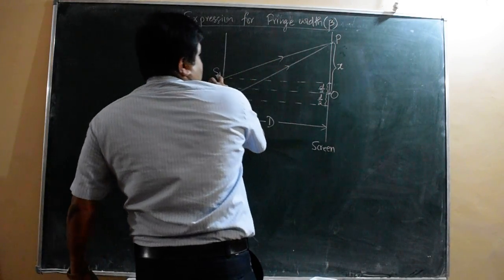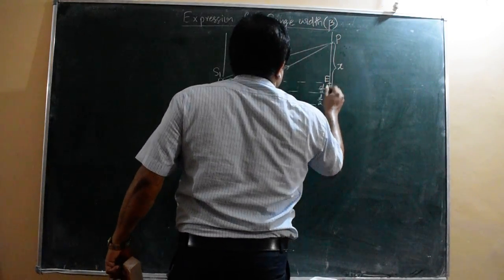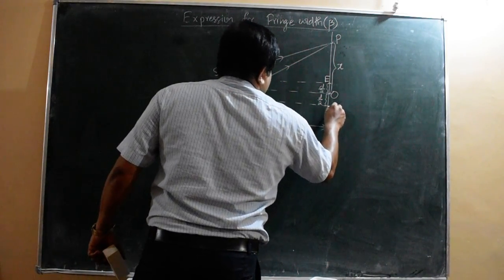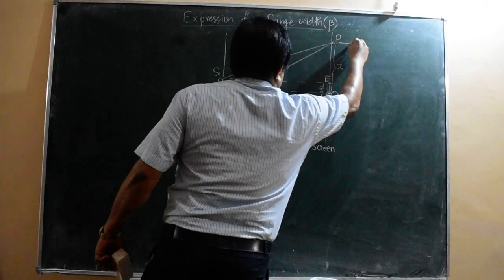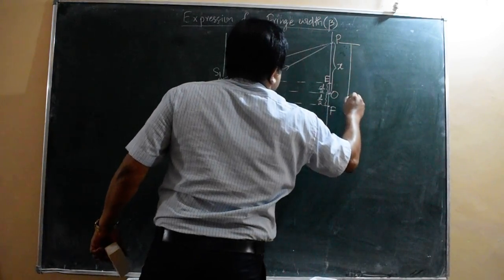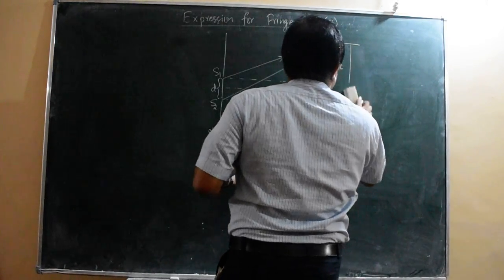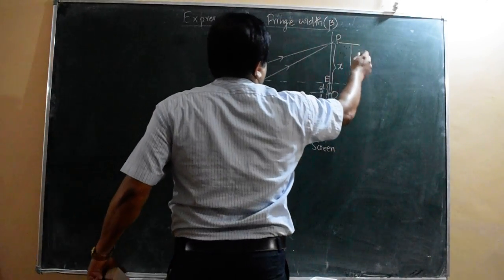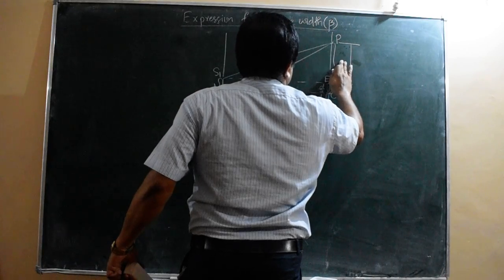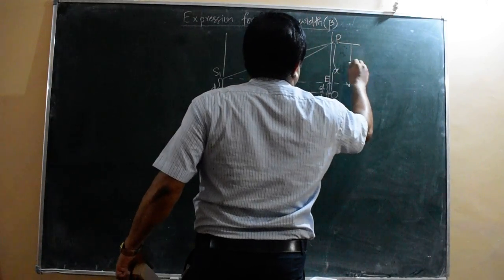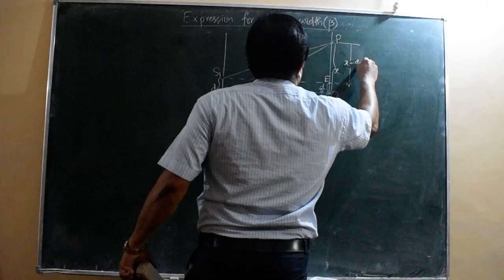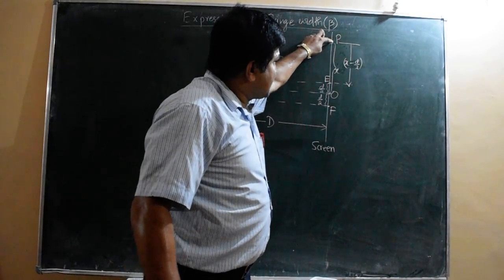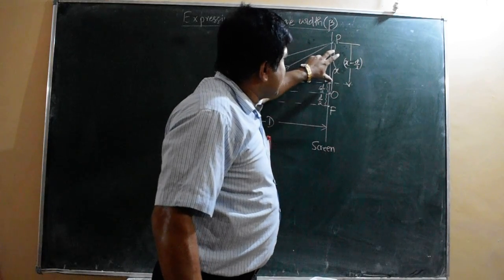I will take the point opposite to S1 as E and the point opposite to S2 as F. Now two distances are to be labeled. One is EP. The distance of the point P from O is x.